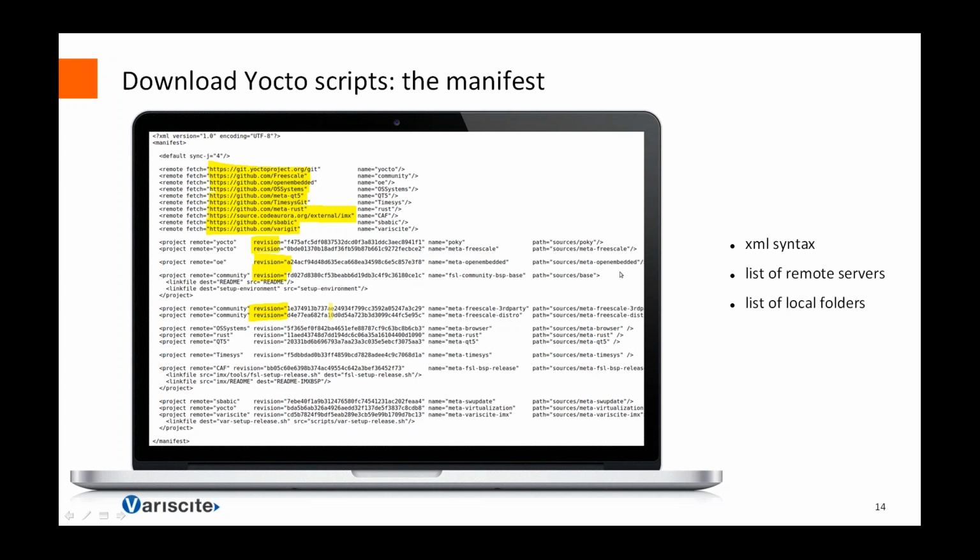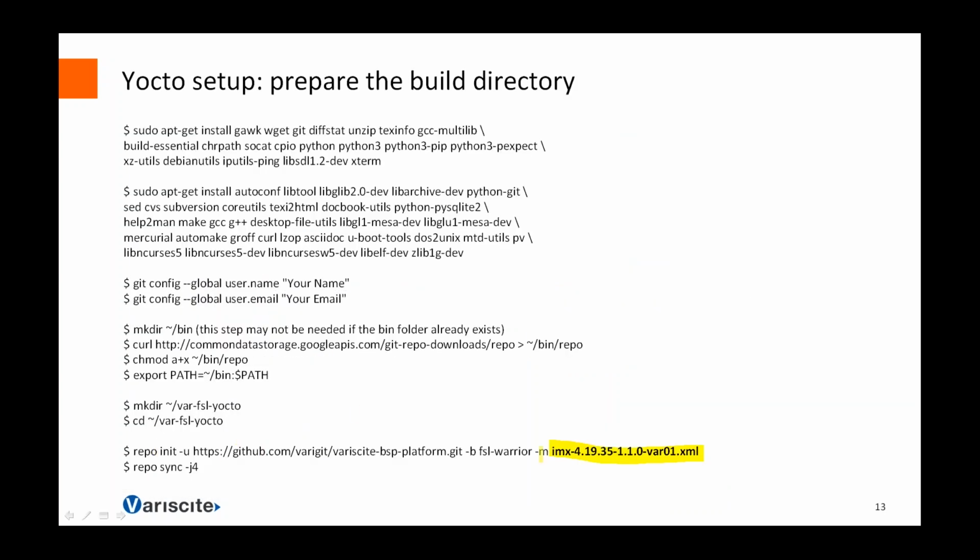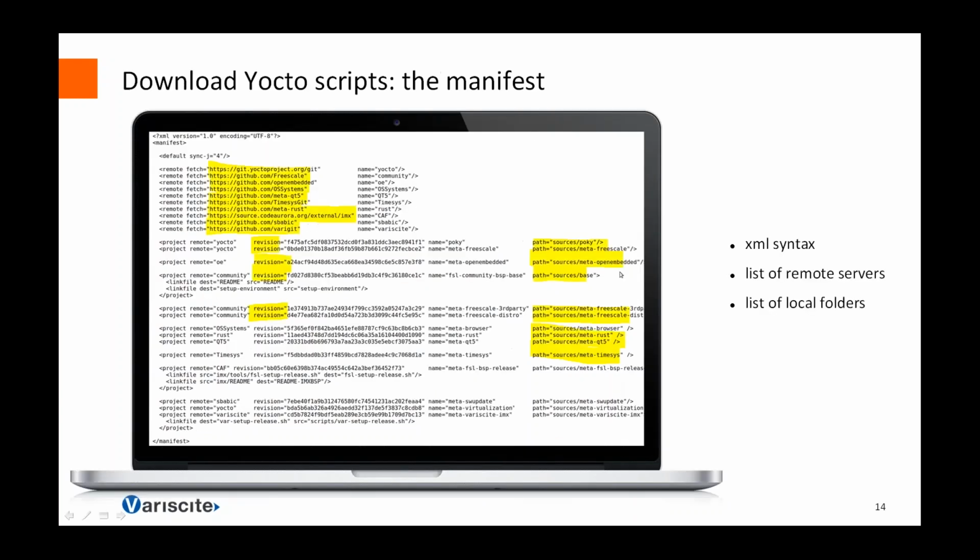So we need to maintain the previous version, but we also need to go with the new one. This is why you have the server, the revision, and the local path on your PC. These are the local paths that will be used on your PC when downloading everything.